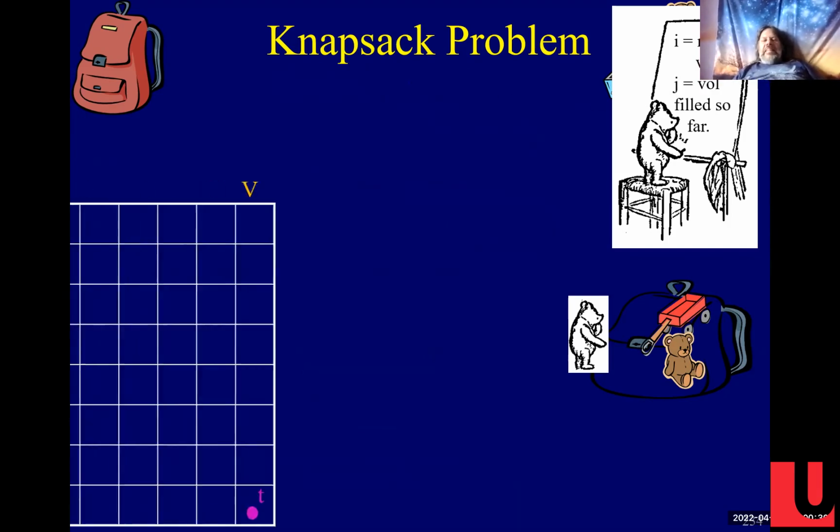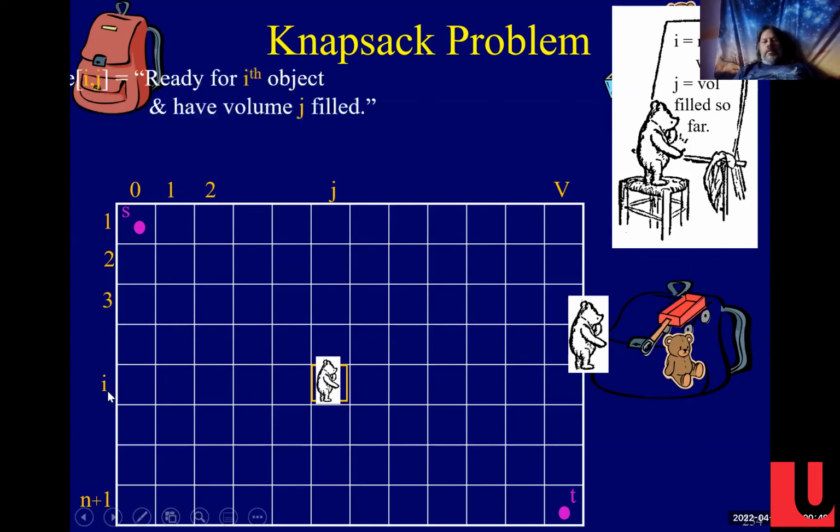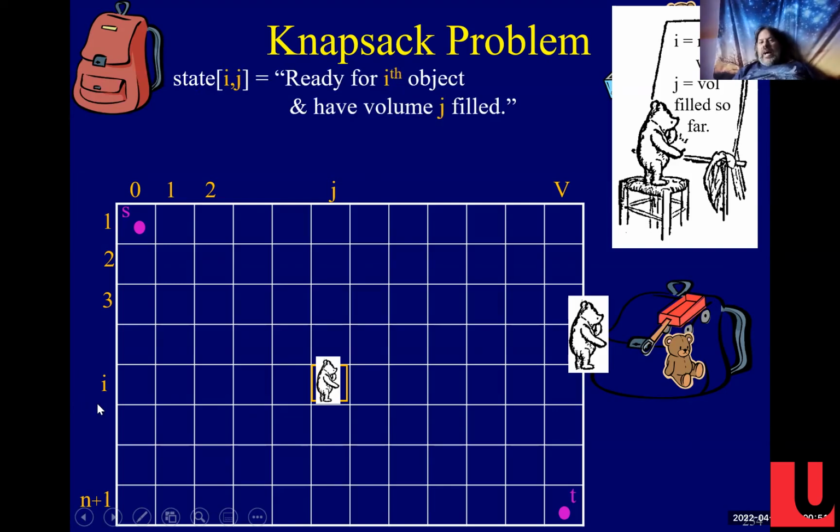And then the states, which are also going to be the nodes of our graph, which are also going to be our subinstances, will tell you what Pooh Bear knows so far, right? So right now, what does he know? Well, he knows he's considering the ith object, and he knows he's filled J of the knapsack so far, right? Does that make sense?